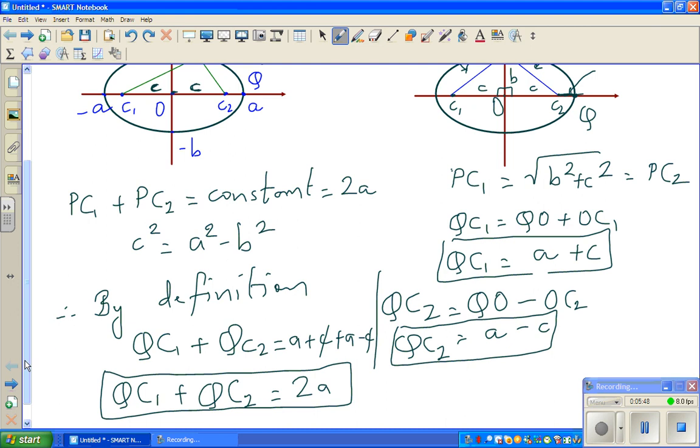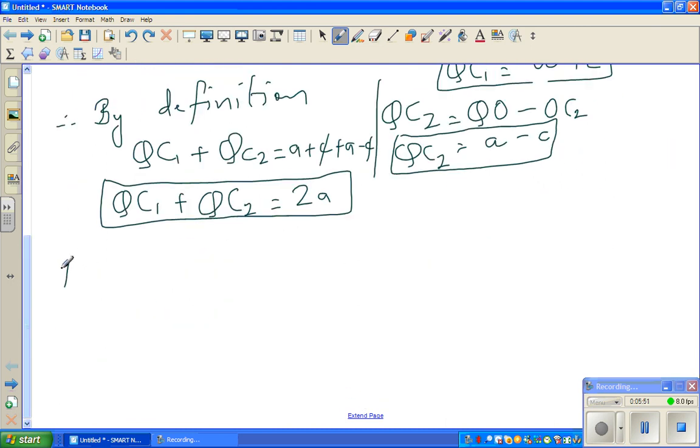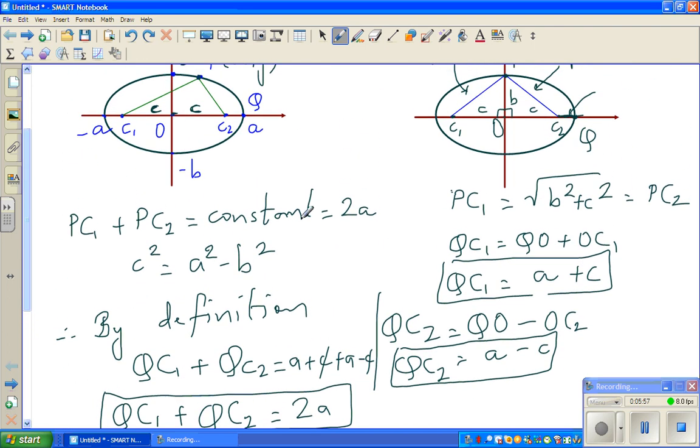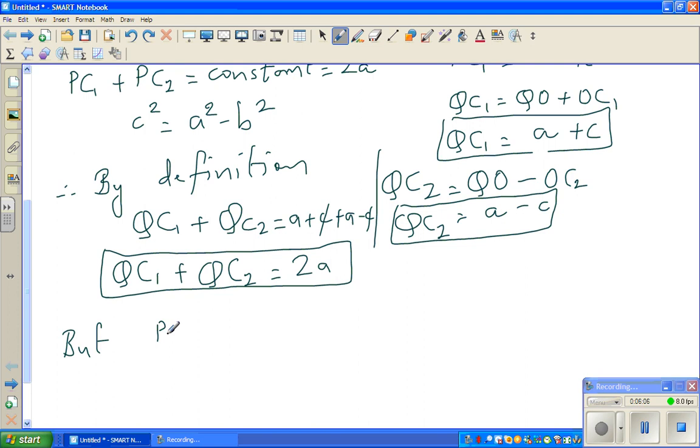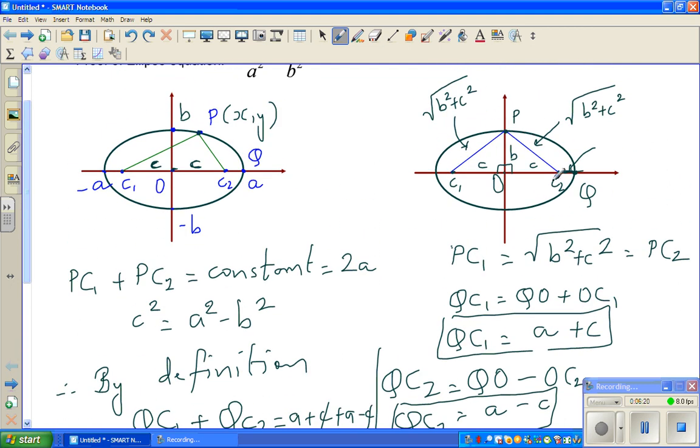Now PC1 plus PC2 should be equal to QC1 plus QC2, because P and Q are two different points on the same ellipse. By definition, the sum of the distances of any point on the ellipse from the foci has to be the same.